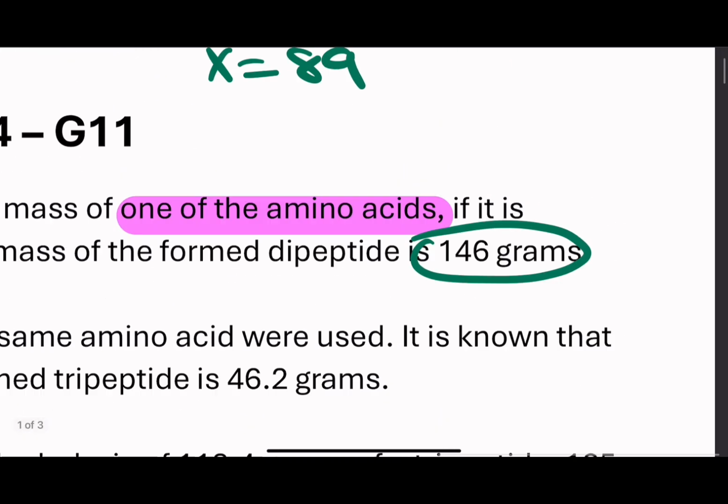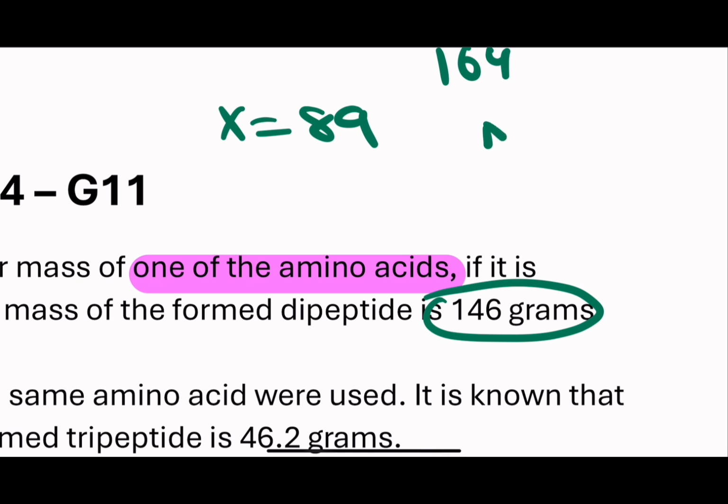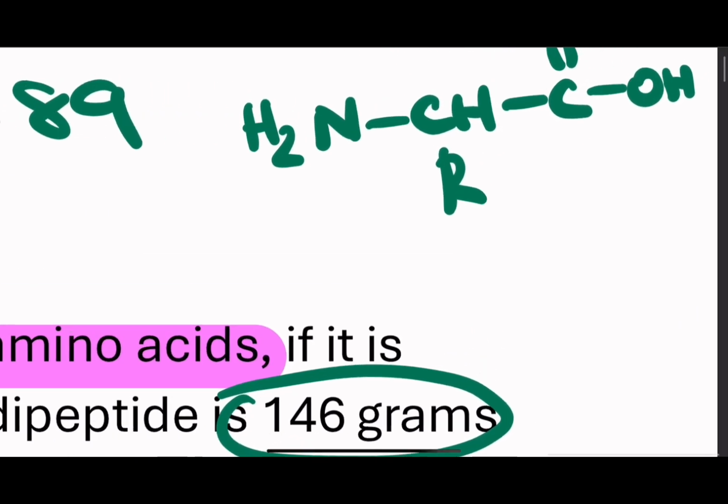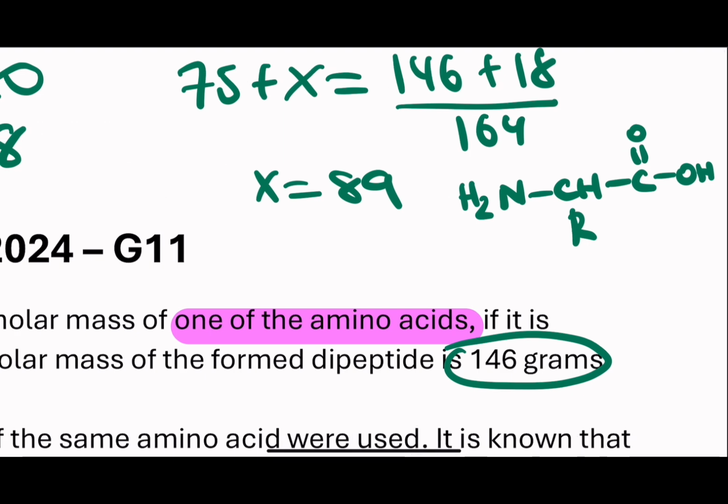And amino acids, we know that the structure is always like this: NH2, CHR, COOH. Now, if you want to find what type of amino acid this is, although it's not asking in this question, we know that this portion is 16, this one is 13, and this portion is going to be 12 plus 32, 44 and 45.